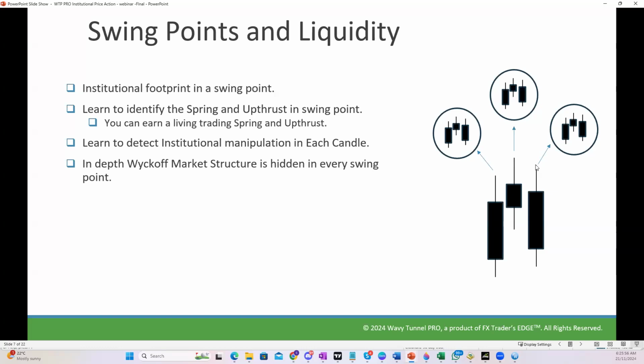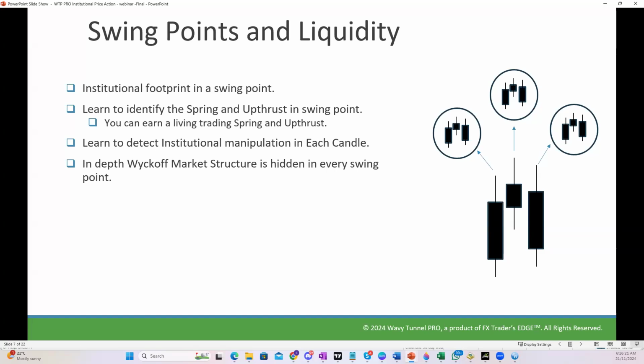It failed to take the liquidity of this swing point, but it takes the liquidity of the second candle's lowest point, and that indicates the market now wants to go bearish. If you identify this pattern on a higher time frame, on the 4th candle you have a trade in the direction of the market.